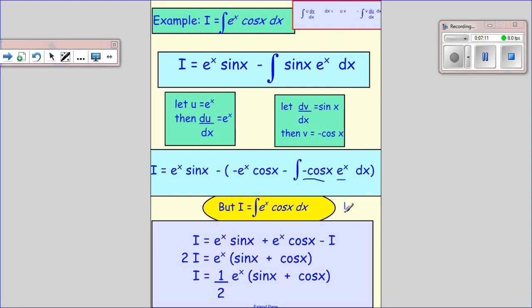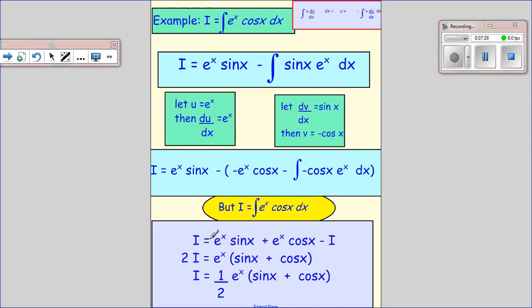And here's where the trick comes in. Hopefully you can see that the integral of this cos x e to the x was your original integral. That's your original I. And so we can now substitute in I for this thing here.